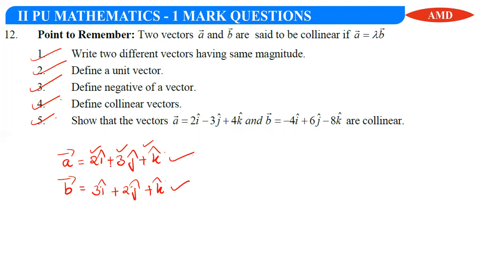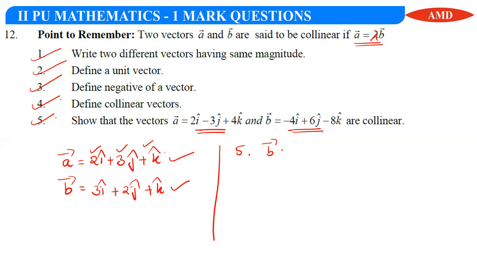The fifth question is where you will have to check whether the given two vectors are collinear or not. What do you mean by collinear vectors? Collinear vectors are those vectors which can be written in this way. A and B are said to be collinear if vector A is equal to some scalar times vector B. Let me check it here. The fifth question, the fifth one.